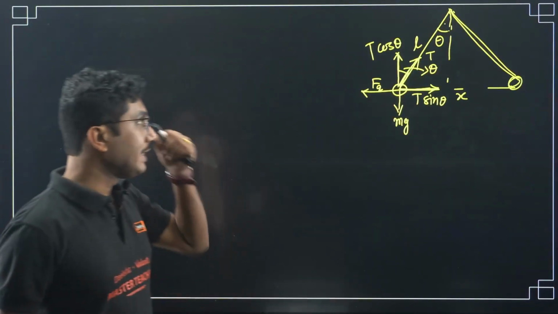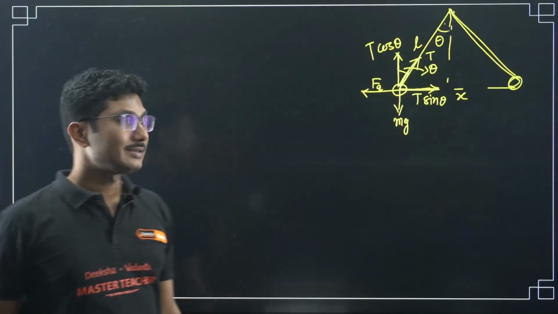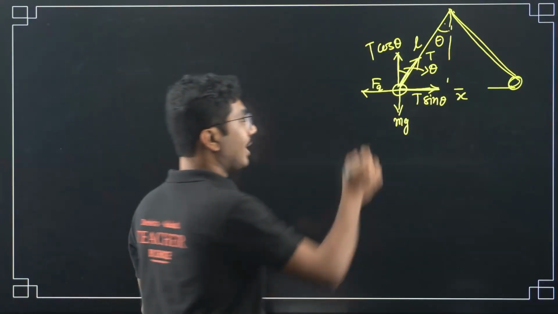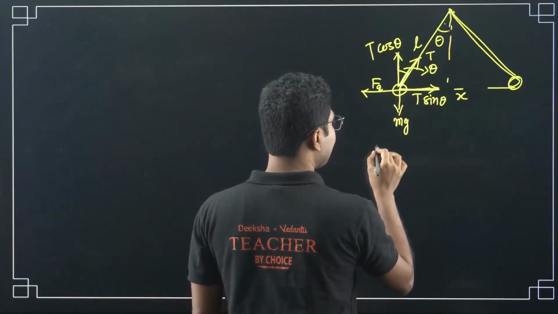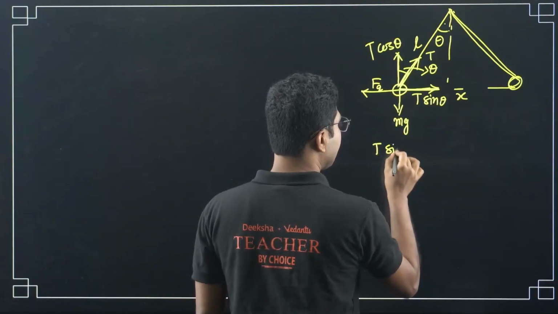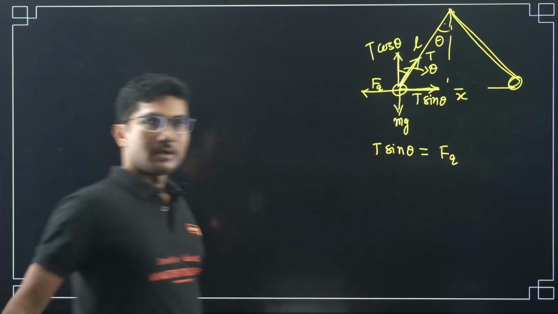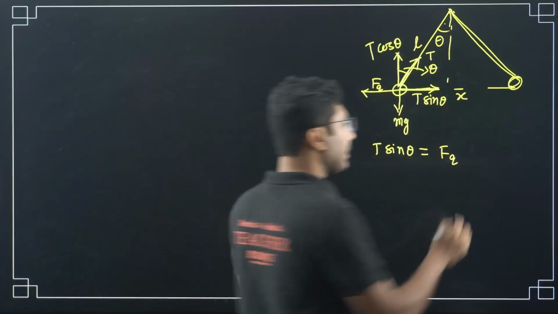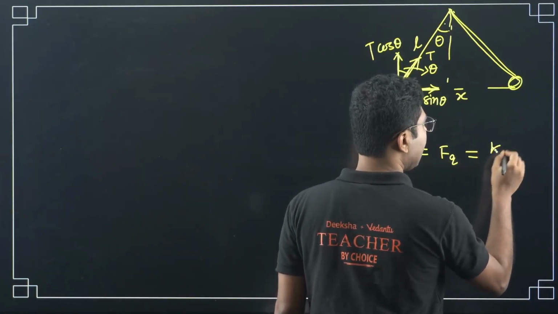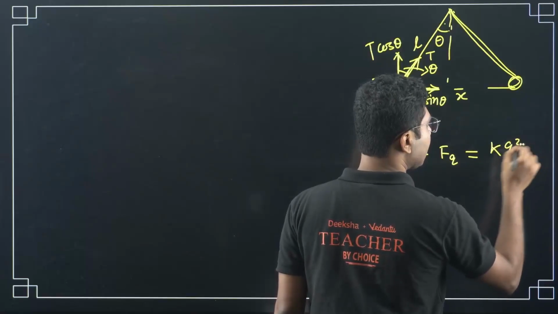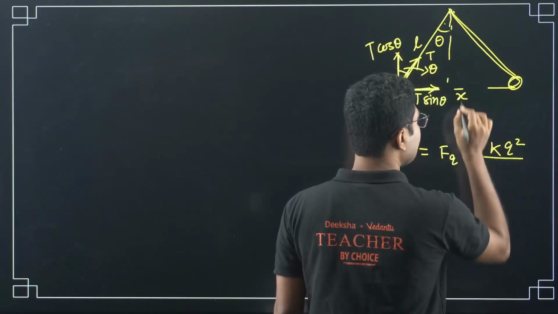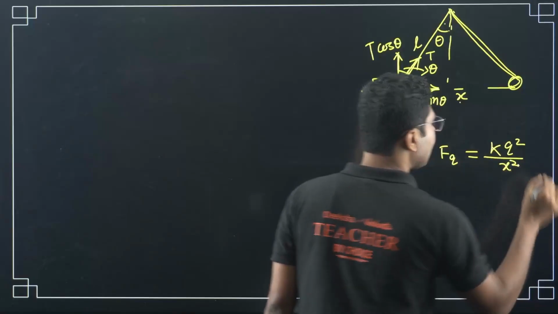So T is basically balancing the system. So we can say that T sin theta must be equal to Fq. So what is Fq over here? Fq is K q into q, that is q square divided by the distance x square.